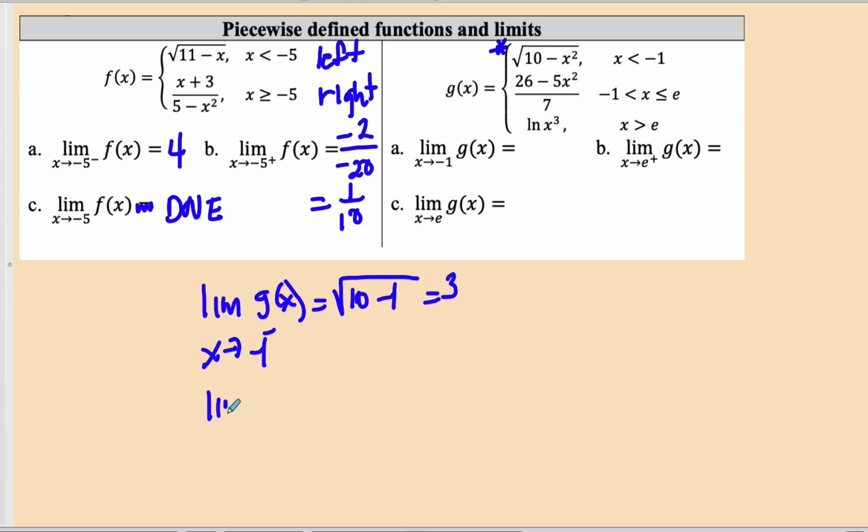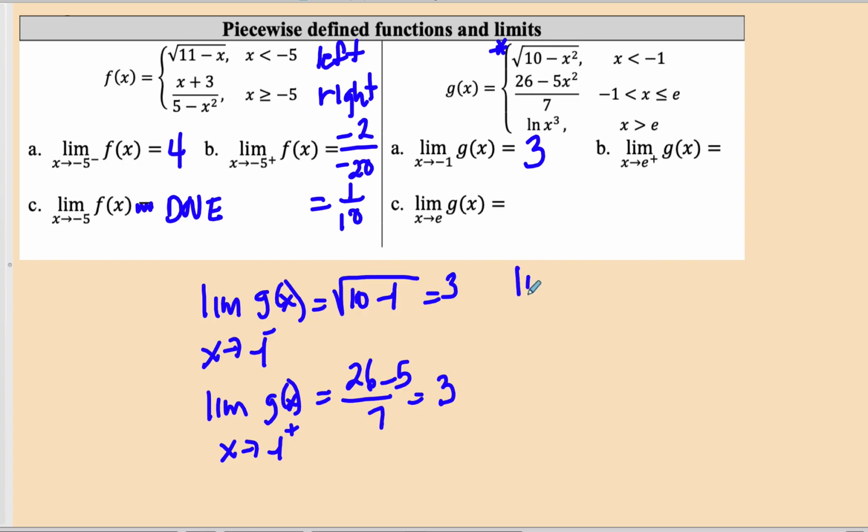We'll take the limit of g of x as x approaches -1 from the right-hand side. I'll use the other side, so that'll be 26 minus 5 all over 7, which is 21 over 7, or 3. So they're approaching the same number, so the answer is 3.